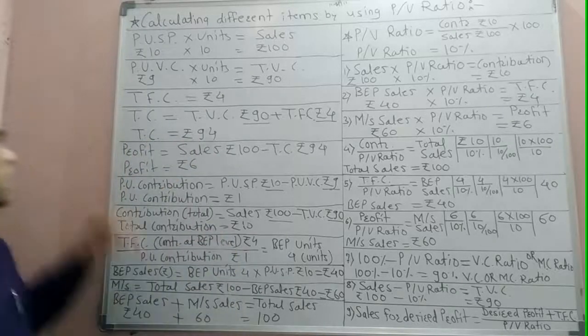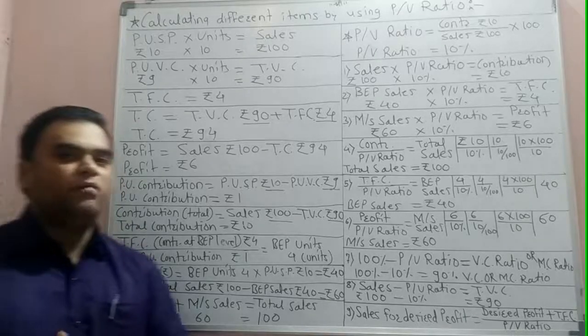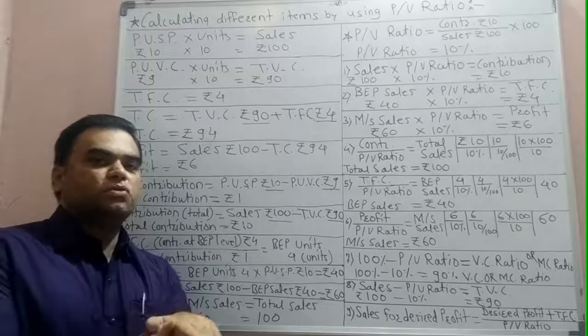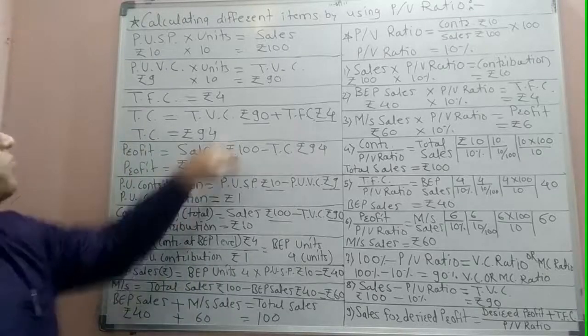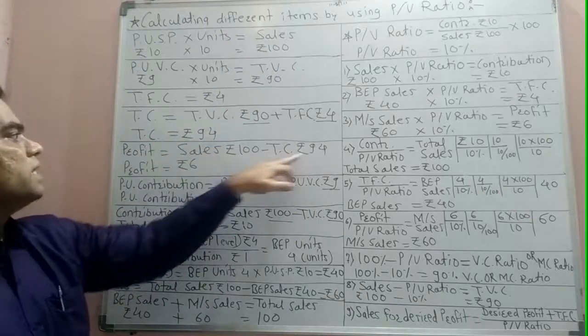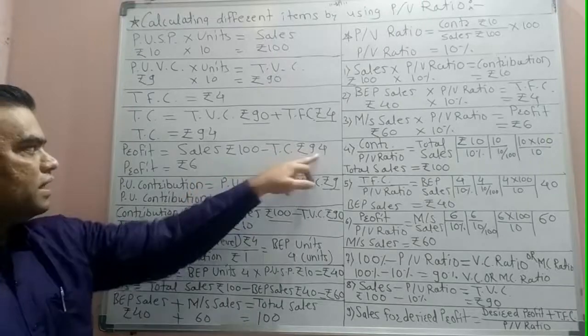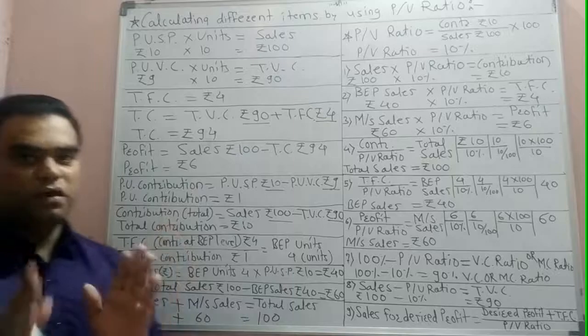Next, what will be the amount of profit? Total sales less total cost is equal to profit. Total sales 100 less 94, remaining rupees 6 will be the amount of total profit.